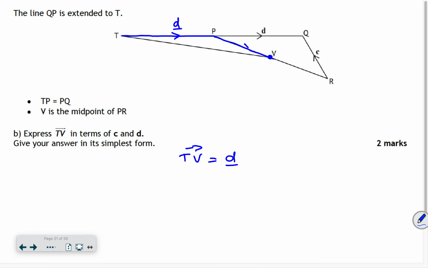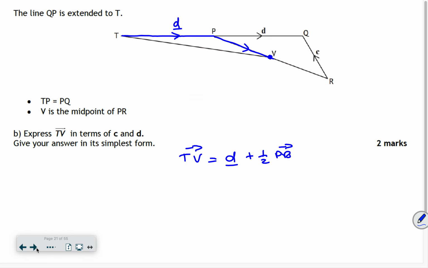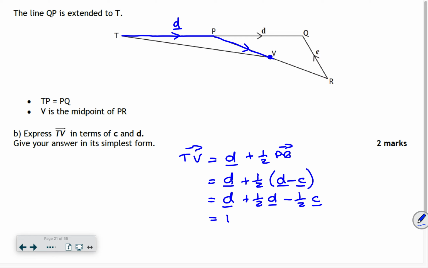Now, thankfully, in part A, I worked out that PR was D minus C. So it's going to be vector D plus a half of the vector D minus C. So it'll be vector D plus a half D minus a half C, just multiplying out the brackets. And then simplify. So that's going to be 1.5D minus a half C. Okay.